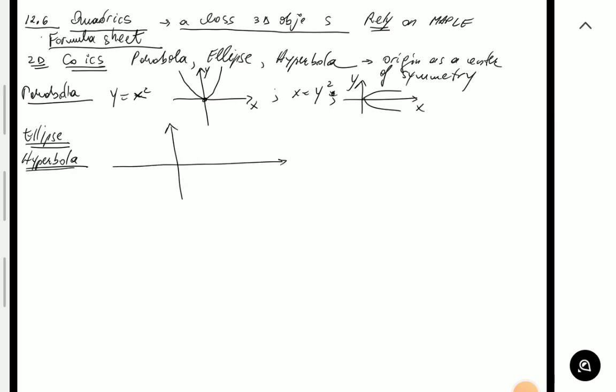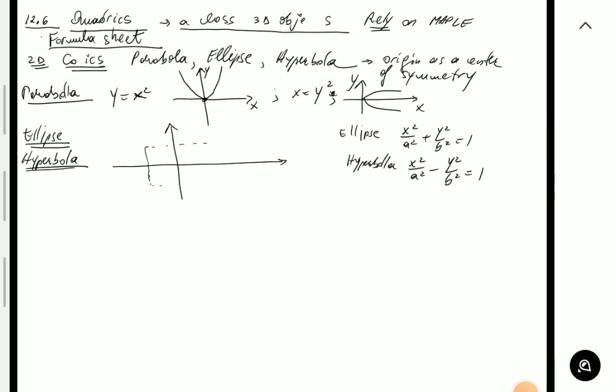The ellipse has the general equation x squared over a squared plus y squared over b squared equals 1. And the hyperbola will have the equation x squared over a squared minus y squared over b squared equals 1.